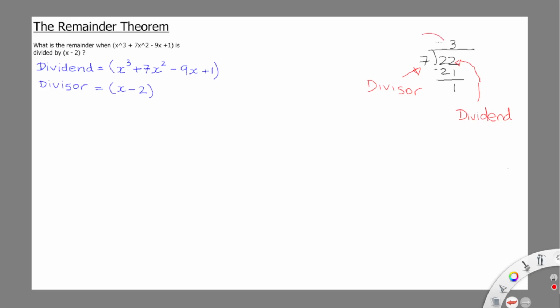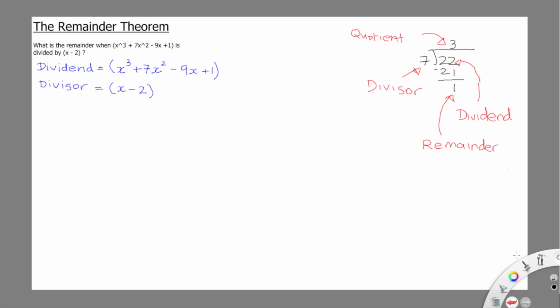The answer that we got, the 3, that's called the quotient. That is the answer to any division question. And the final part, the remainder that we got, well, that's just called the remainder. Okay, so just understand what those four words mean and what they refer to, because that's important.